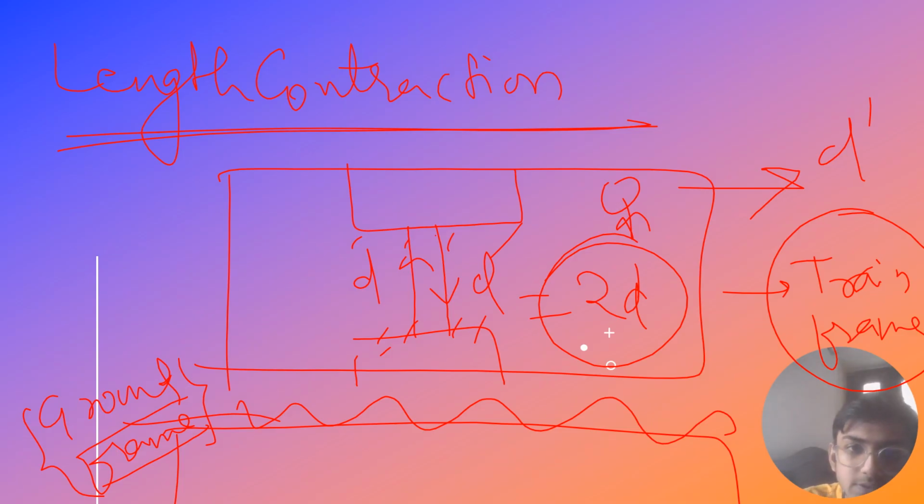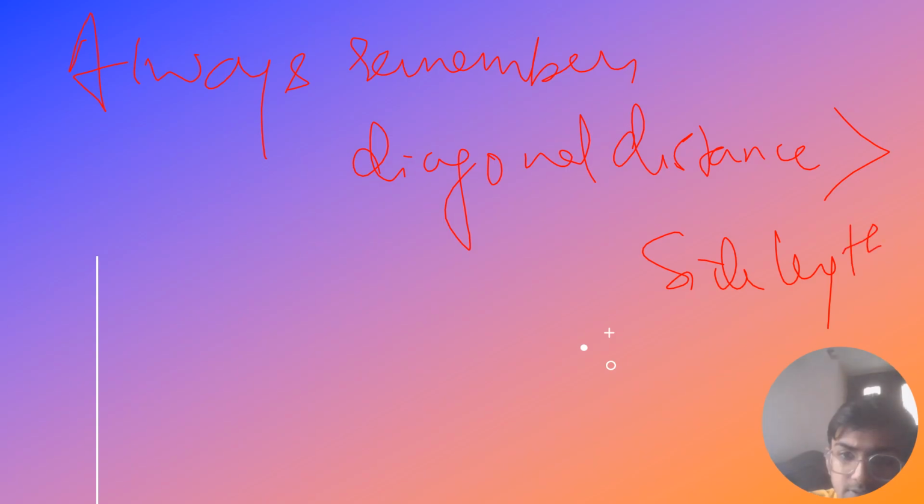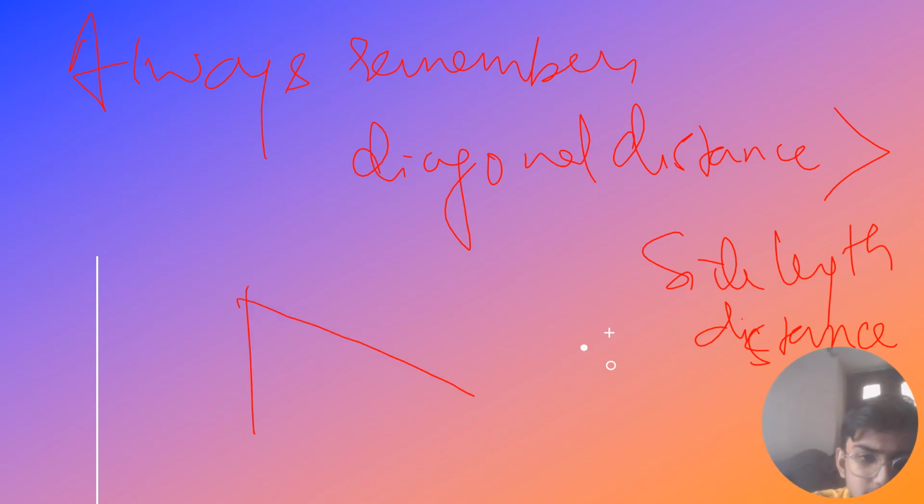Always remember that the diagonal distance is greater than the side length distance. Suppose we consider a square with side a, then the diagonal comes as root 2a.